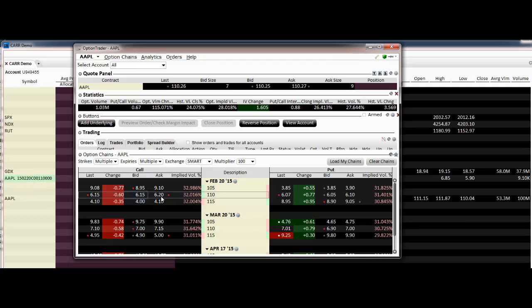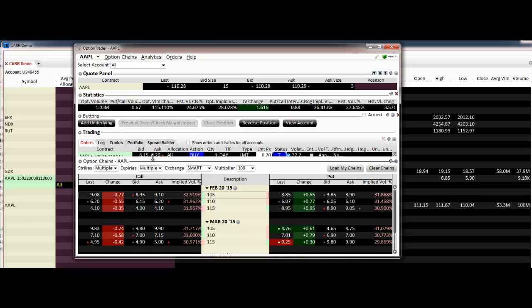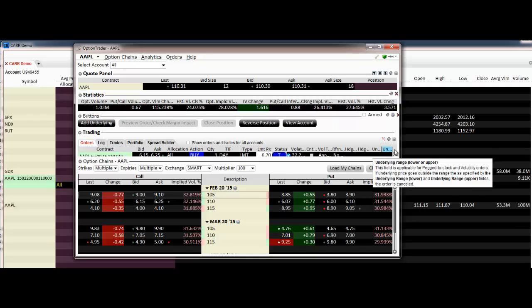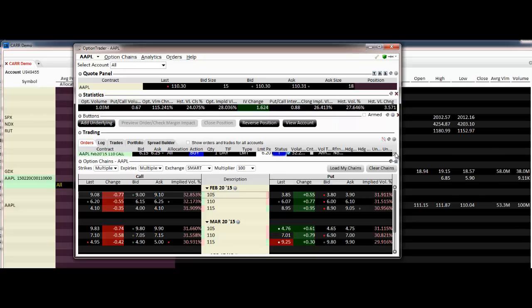Now I can also trade straight from this dialog box right here by simply double-clicking on the 620, and I can now see, it's not giving me much room here, but you can see that I have in here the bid and the ask, the buy one call at a limit price of 620.